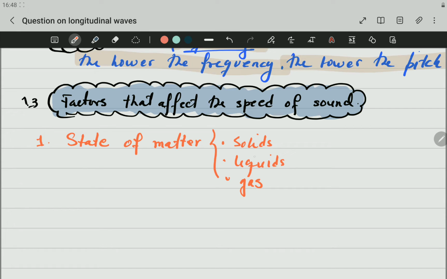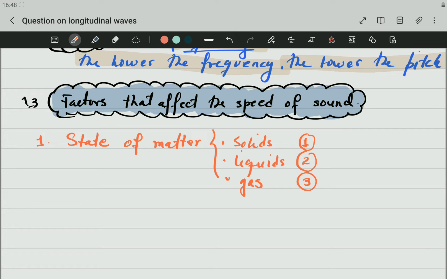So the same substance will move sound faster when it's in the solid state than when it is in the liquid state, and than when it's in the gas state. That happens because of the distance between the particles of the substance.